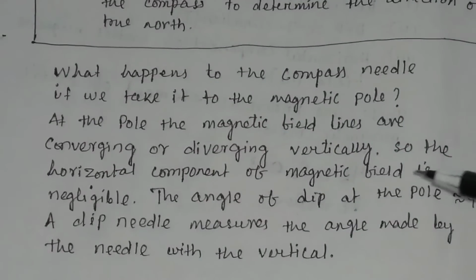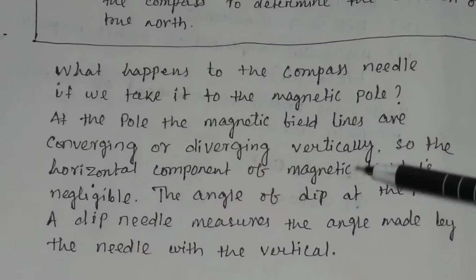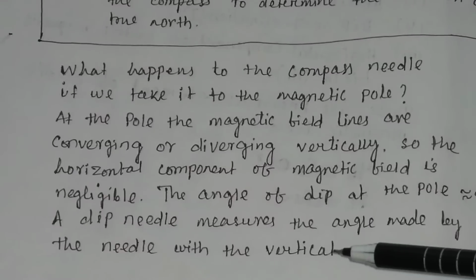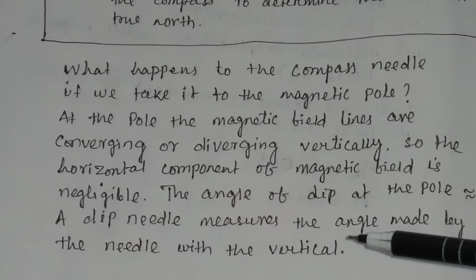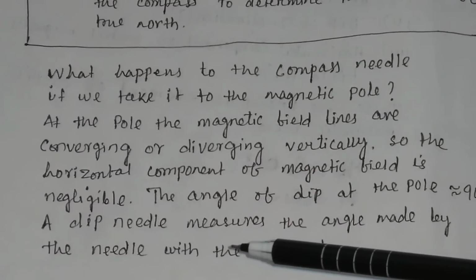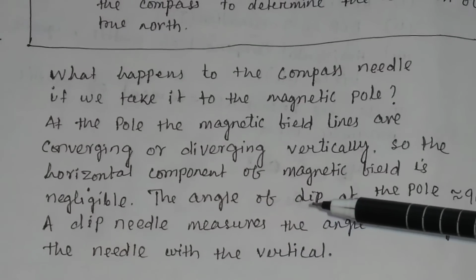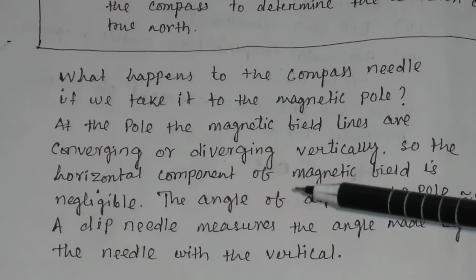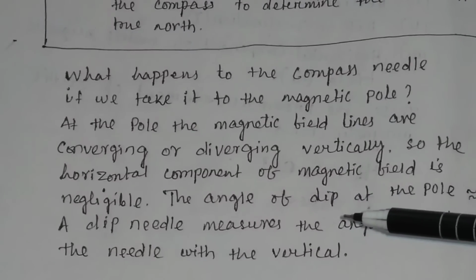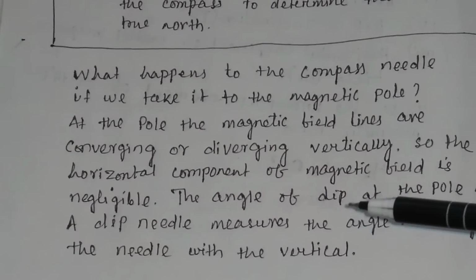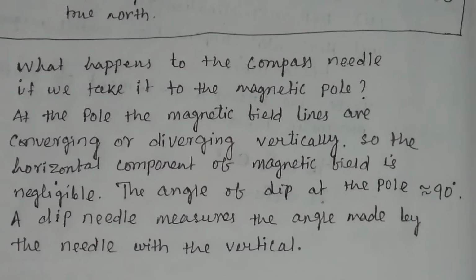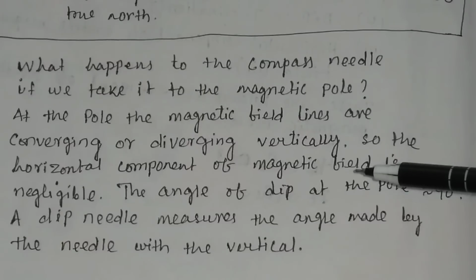To find out the magnetic field at the pole, we need a magnetic needle which is placed vertically, that is the dip needle. The needle we generally use, placed horizontally, will not measure the magnetic field of the earth.